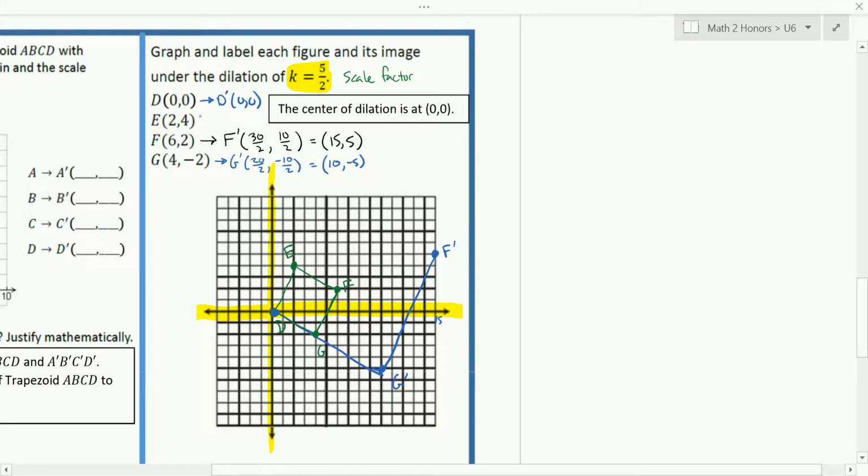And last one, E prime. You multiply 2 times 5 over 2, you're going to get 5. Multiplied by 4, you're going to get 10. So 5, 10. And there's our projection or our dilation, 2.5 times bigger than the original.